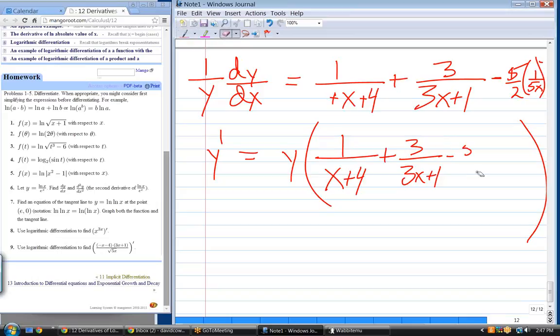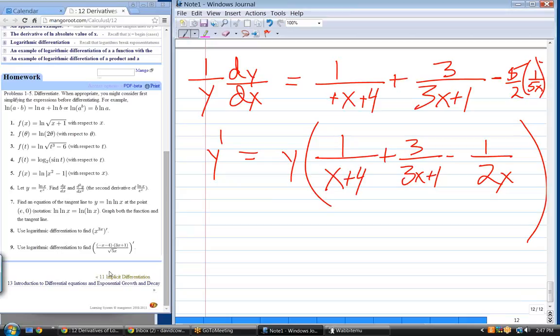Actually, the 5's cancel here, and I end up with 1 over 2x. So either this is your answer, or you can go back and substitute what y is equal to. Y is equal to this big complicated thing here.